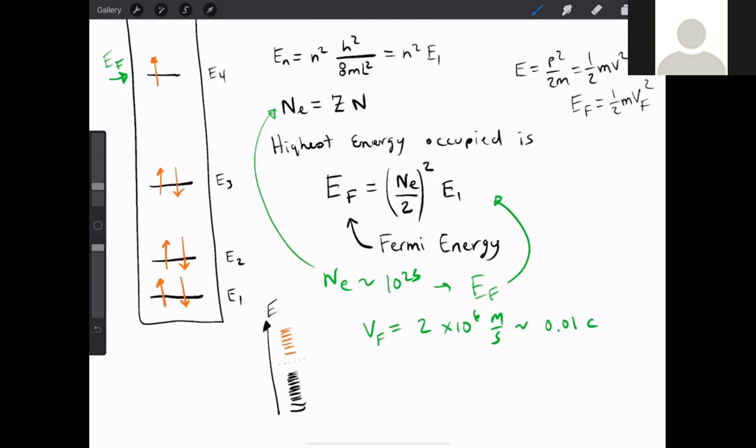Looking at this formula where we get the Fermi velocity, it's 1% of the speed of light. So it seems to me that if we add enough electrons, we can break the speed of light and go over it. What are we not considering? The issue is that when we're doing quantum mechanics and classical mechanics, we never take into account relativistic effects.